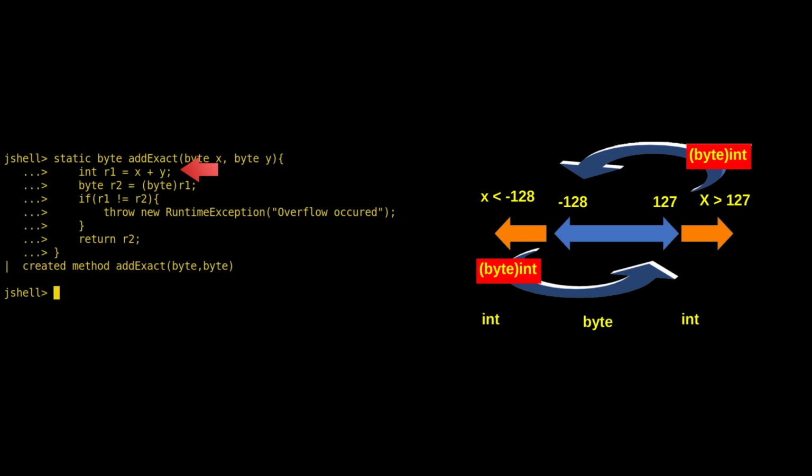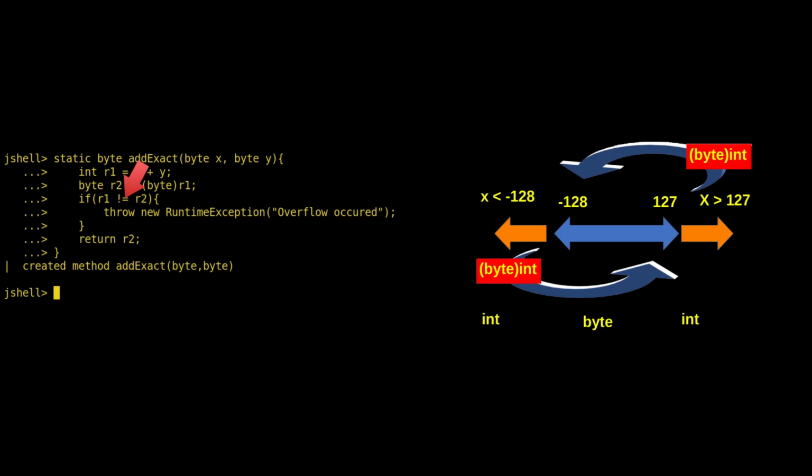So there I'm saying R1, which will be an int, and its operation is the x value plus the y value. In the next one, I'm taking that result, which is an int, and casting it back to a byte in variable R2.